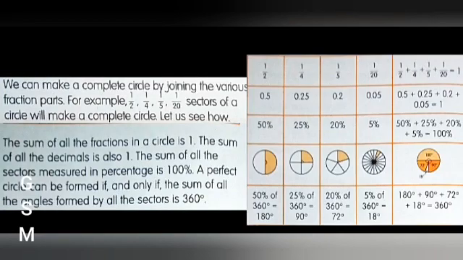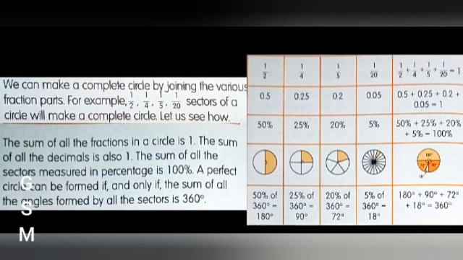And we can make a complete circle by joining the various fraction parts. For example, 1 by 2, 1 by 4, 1 by 5, 1 by 20 sectors of a circle will make a complete circle. Let us see how. From this table, we can see that the sum of all the fractions in a circle is 1.